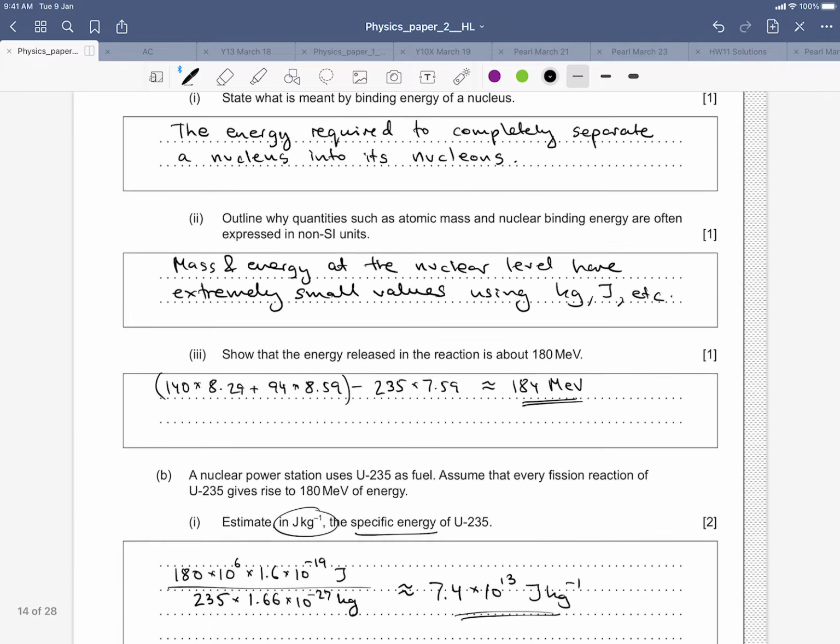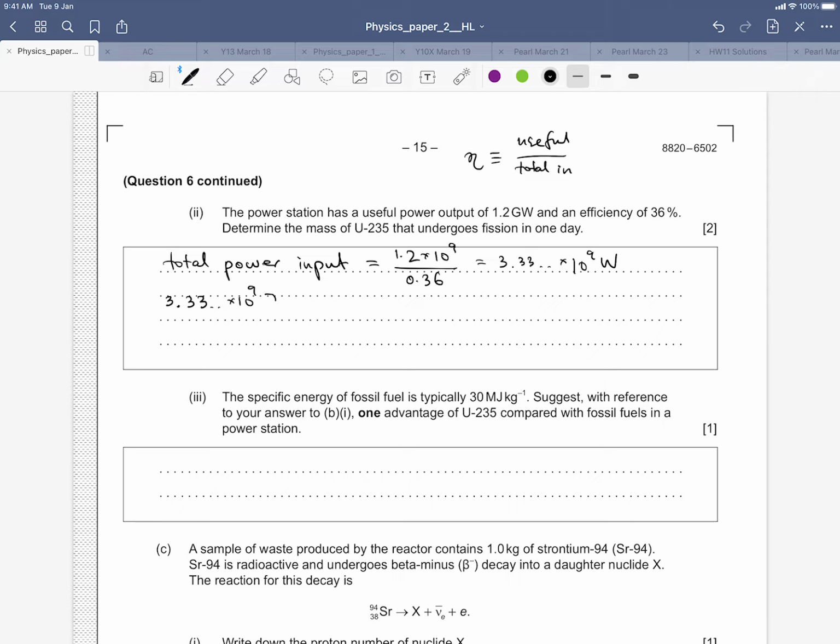I can take my joules per second, and if I divide that by how many joules we get per kilogram, which was what we had before, 7.4 times 10 to the 13 joules per kilogram, then we're going to get kilograms per second. As you can see, these units become kilograms per second.